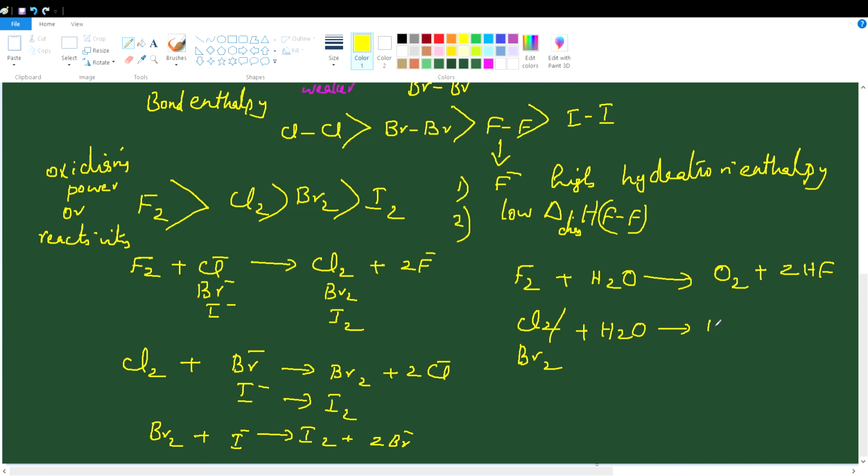If chlorine, we get HCl and HOCl, hypochlorous acid. If bromine, we get HBr, hydrobromic acid, and hypobromous acid. The reaction of iodine and water is non-spontaneous. That means no reaction under normal conditions. In fact, iodide being the weakest oxidizing agent, iodides are oxidized by oxygen in acid medium. Oxygen oxidizes iodide to iodine.